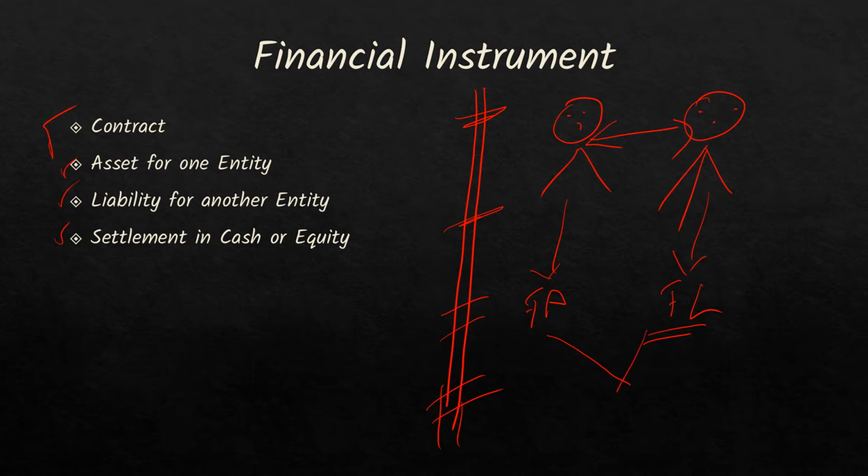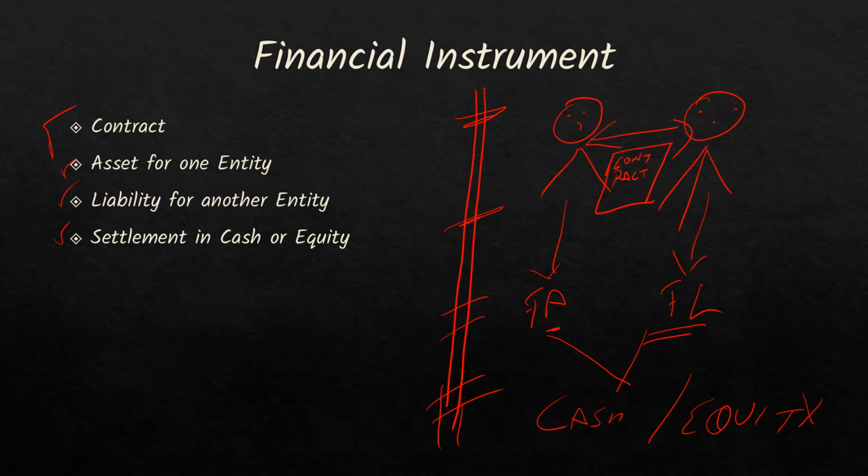And their net settlement is in cash or equity. So one is the contract, and the contract can be an oral contract or a written contract.